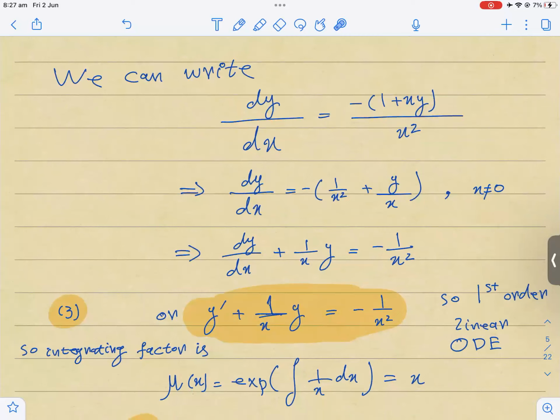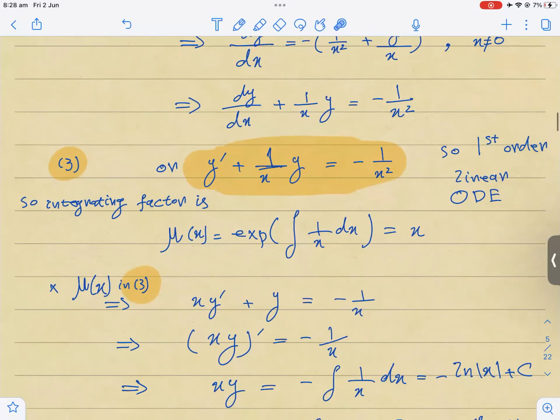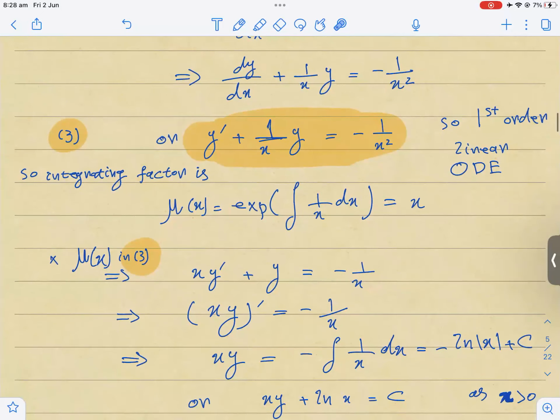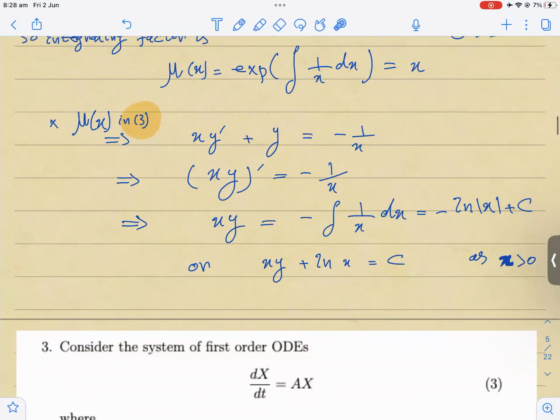So this comes here, and this will be a first order linear ODE, which is just like kindergarten. You don't need to know these because you know already, although I have written it.